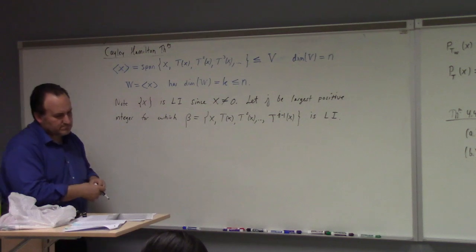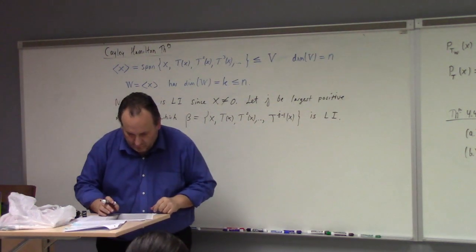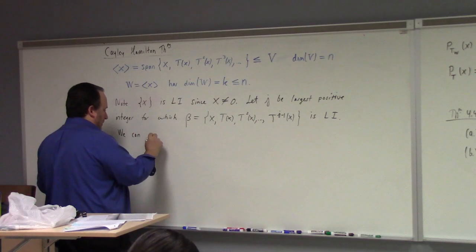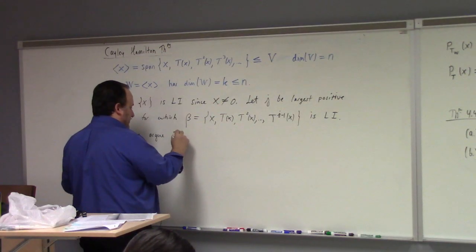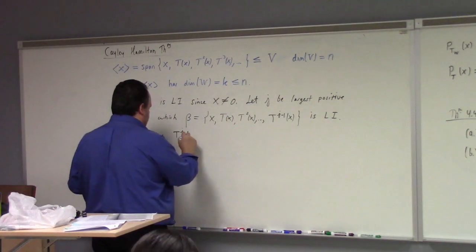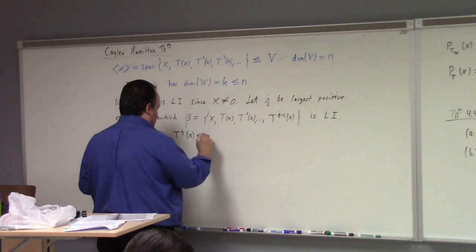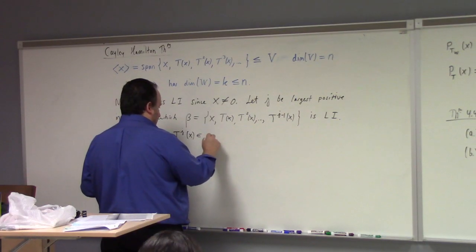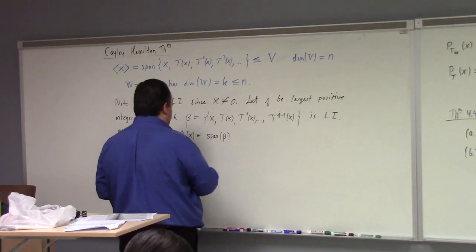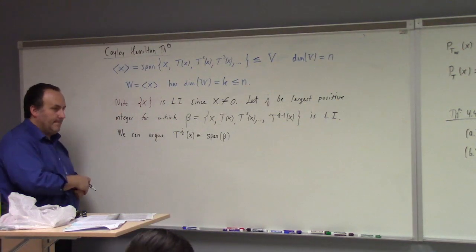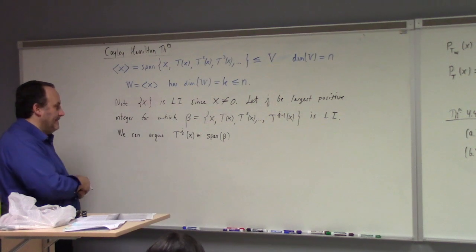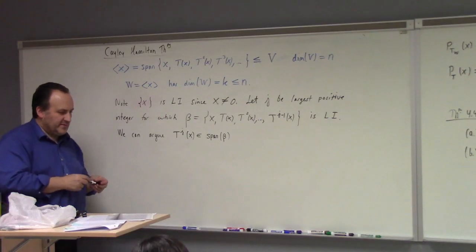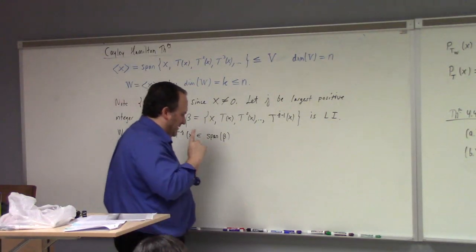Notice then, we can argue that T^j of x is an element of the span of beta. Why is that? Do you guys understand that? It's a little bit slippery. Sometimes I don't understand that when I'm reading this proof. Can we explain why?